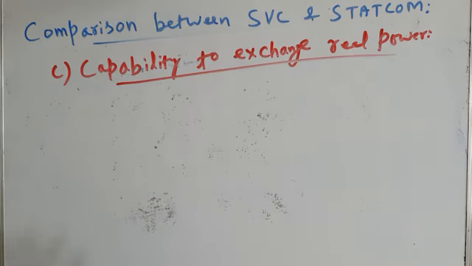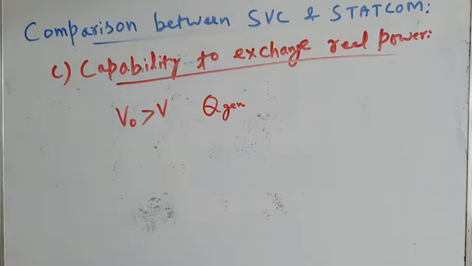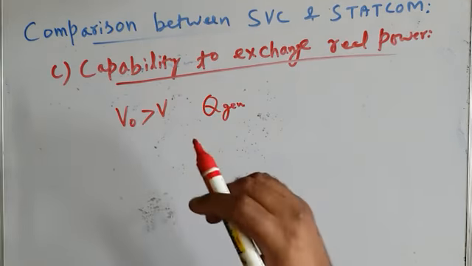If the modulation index of the STATCOM inverter is increased, the STATCOM voltage becomes greater than the bus voltage and it acts as a capacitor, generating reactive power and injecting it into the bus. If on the other hand the modulation index is decreased, the inverter output voltage becomes less than the bus voltage, it acts as an inductor and absorbs reactive power.